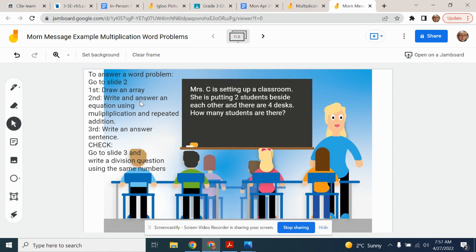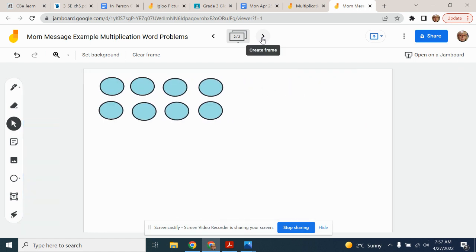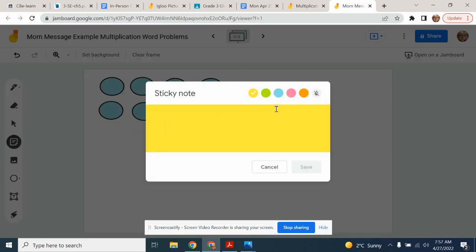We have to write an answer using an equation, a multiplication equation, and repeated addition. So let's do the multiplication first. I'm going to just use a Post-it note. This shows 2 times 4, which equals 8. Okay, and now I'm going to do repeated addition.